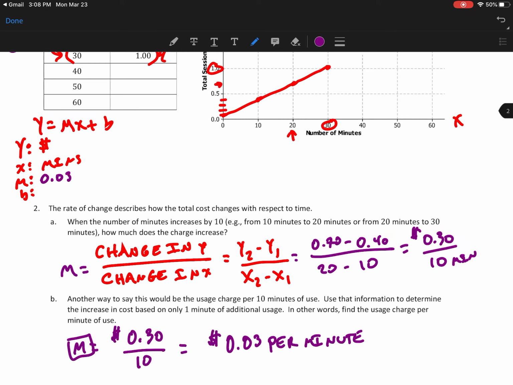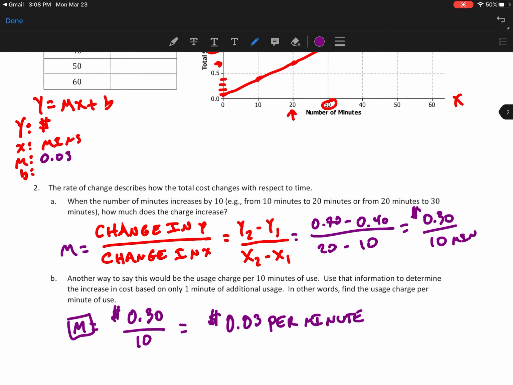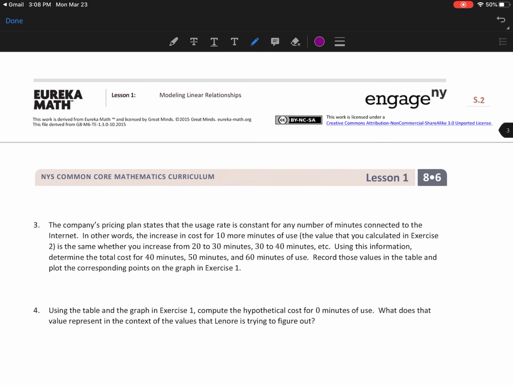And we have one more component to identify, okay? So far for part A, we found that the change in y over change in x is 30 cents over 10 minutes. And to calculate a unit rate, to calculate that m value, 3 cents per minute. 30 cents per 10 minutes is 3 cents per minute, okay?